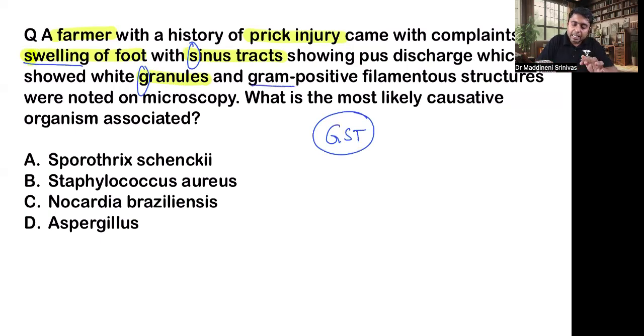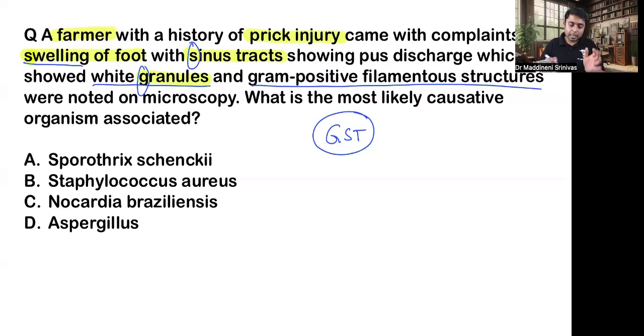And next, what is given? Gram-positive filamentous structures were noted on microscopy. Okay, so this statement which is given here, these two buzzwords are very important for this question, for you to diagnose the condition and also identify the organism. So please remember, this kind of mycetoma-like picture can also be seen in botryomycosis, which is due to Staphylococcus.